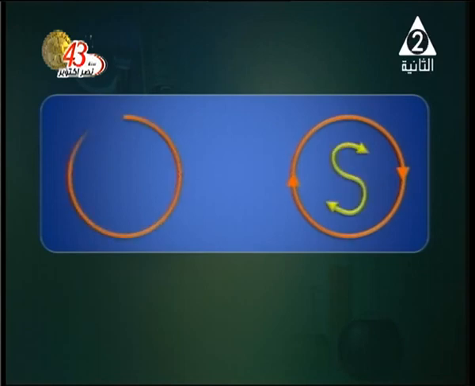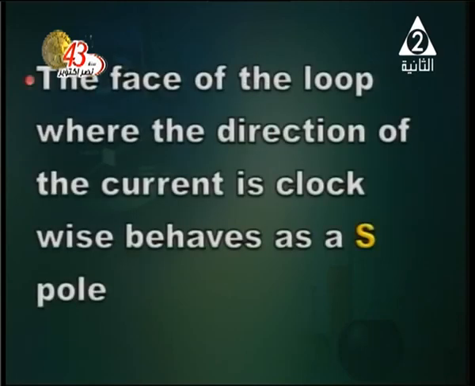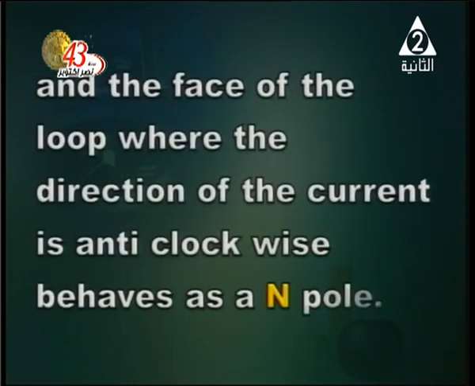If it flows in anti-clockwise direction, we expect, of course, a north pole. So once again, the face of the loop where the direction of the current is clockwise behaves as a south pole, and the face of the loop where the direction of the current is anti-clockwise behaves as a north pole.